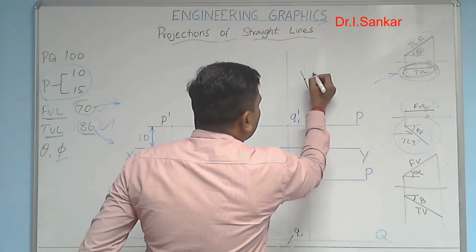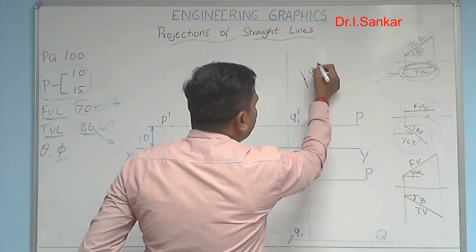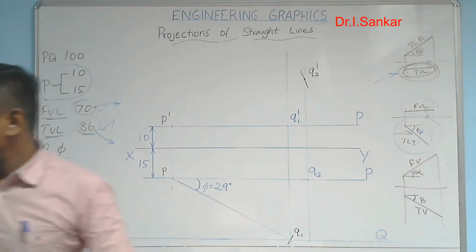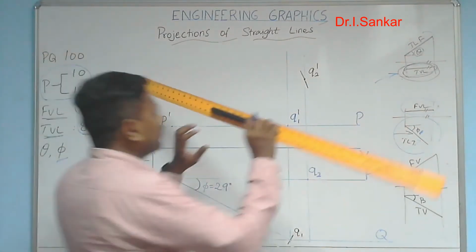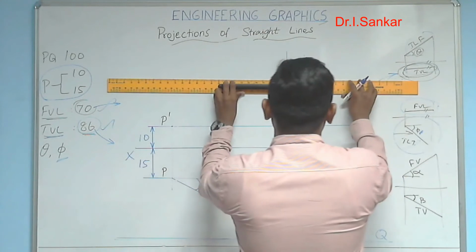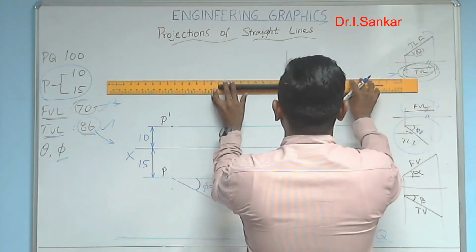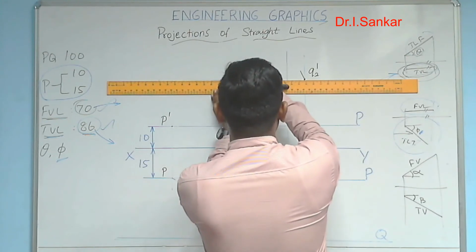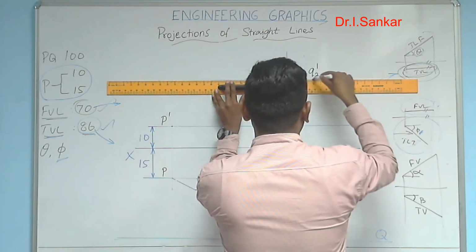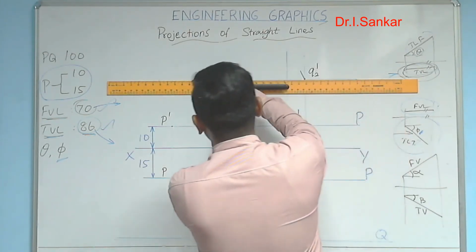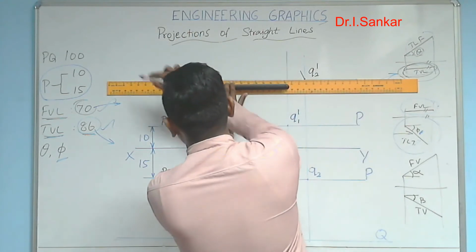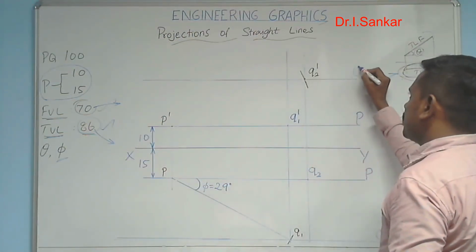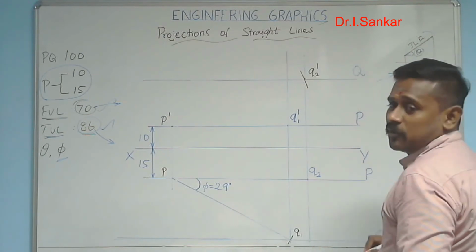Here, Q2 dash. Immediately you can draw the locus for that. This is nothing but the locus of the end Q in the front view area.